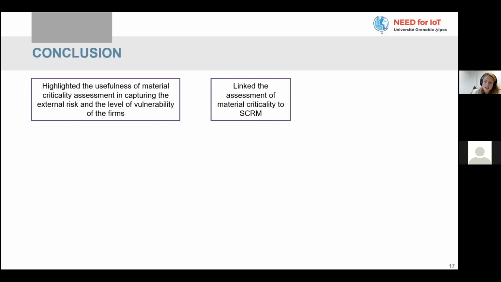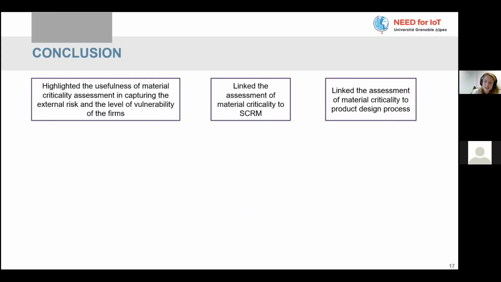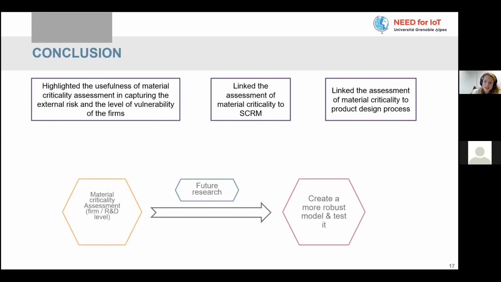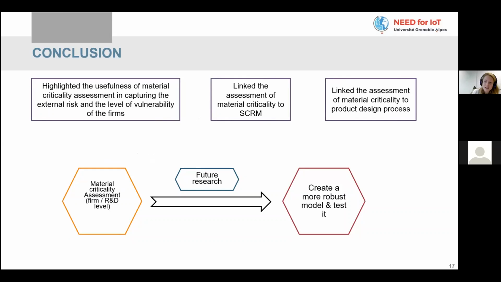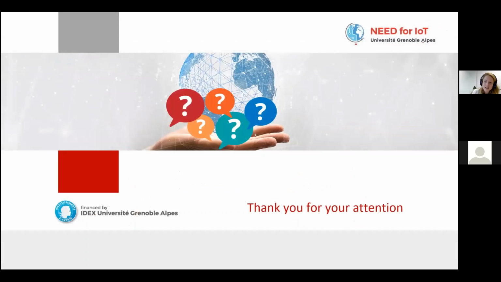We also linked this assessment to the supply chain and how a company can do it, and to the product design process and the research and development process. For future research, we have to build this methodology, balancing practices that are actionable and conceptual, so we can capture all the reality. Thank you for your attention.